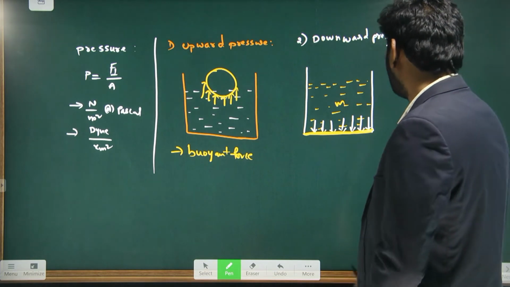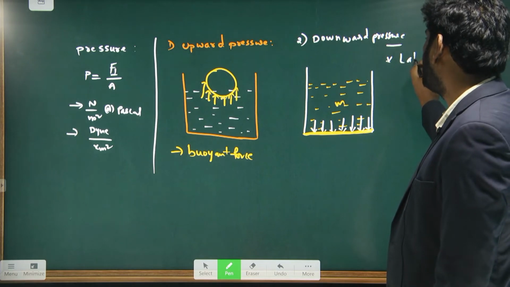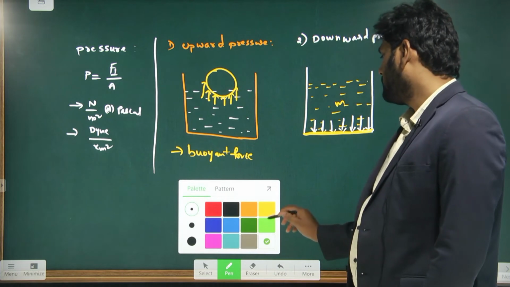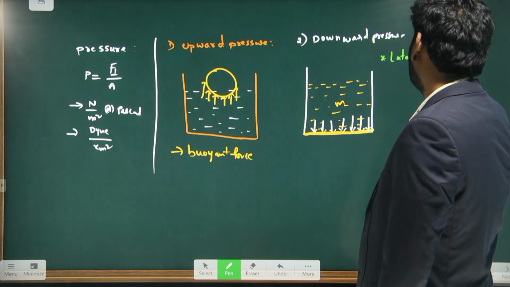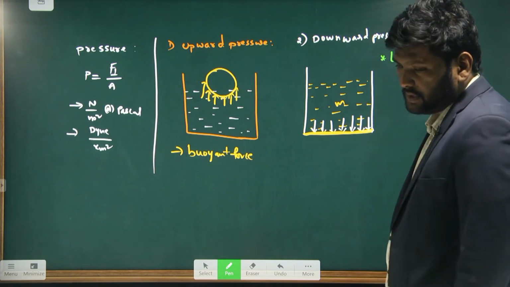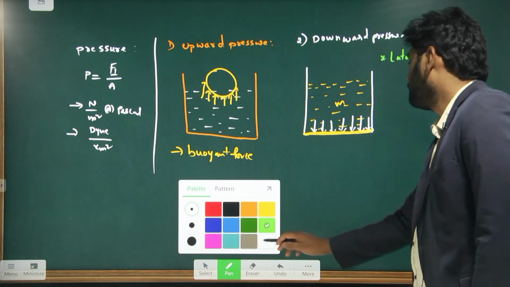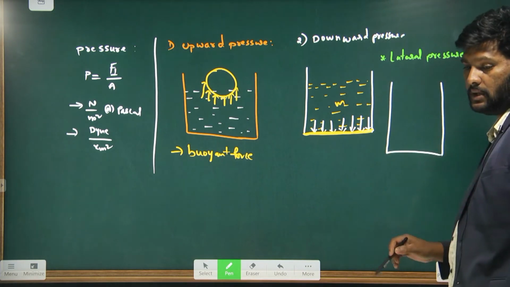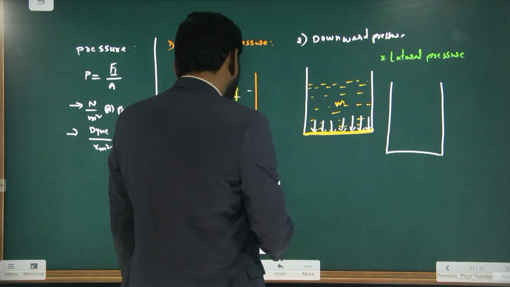Understand? Next, similarly, one more type of pressure we have, that is lateral pressure. What is this lateral pressure? Again, take a container. In this container, you pour some water.